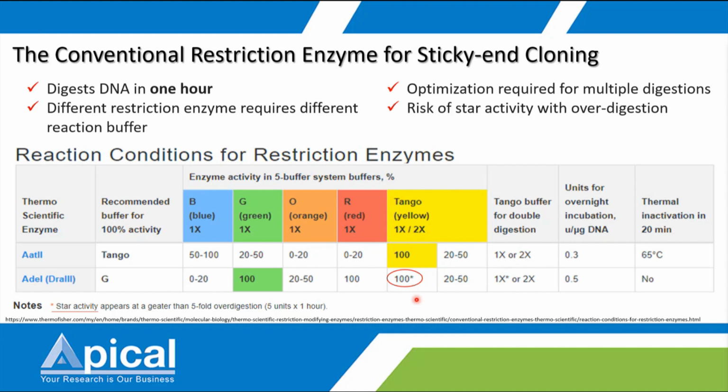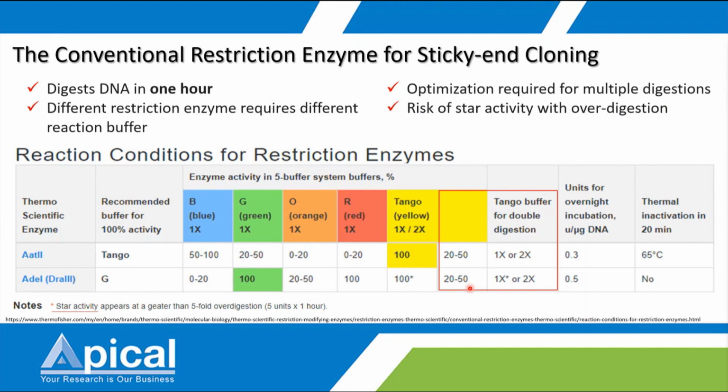Okay, so if I don't want to use this Tango buffer, I can also choose the 2 times Tango buffer. But with 2 times Tango buffer, you will have the problem of lower activity efficiency for these two enzymes.